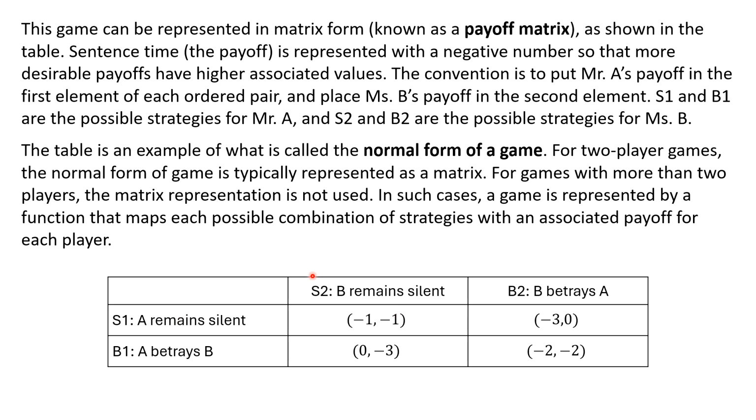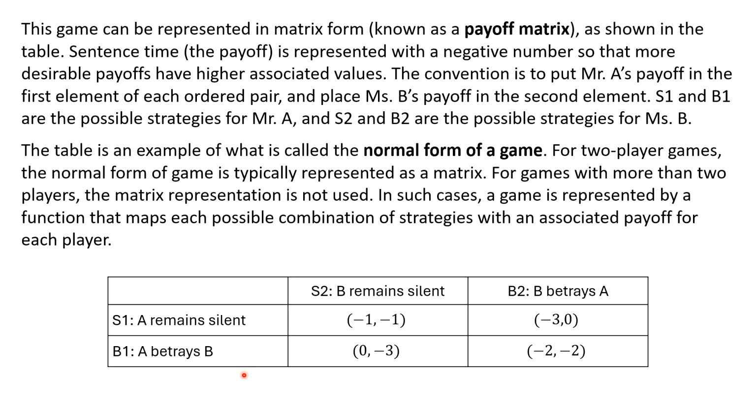So if A and B both remain silent, they both get 1 year in prison. However, if A remains silent and B betrays A, then A gets 3 years in prison and B is set free. That's why there's a 0 here. And vice versa, if A betrays B but B remains silent, then A gets set free but B has 3 years in prison.